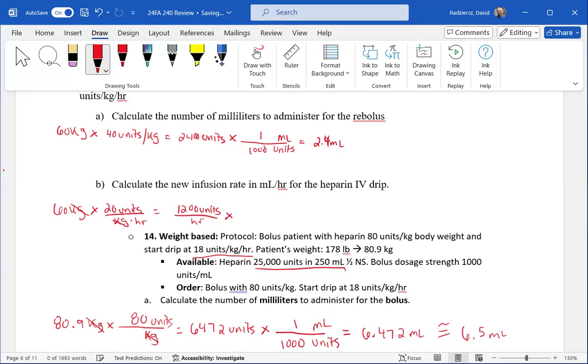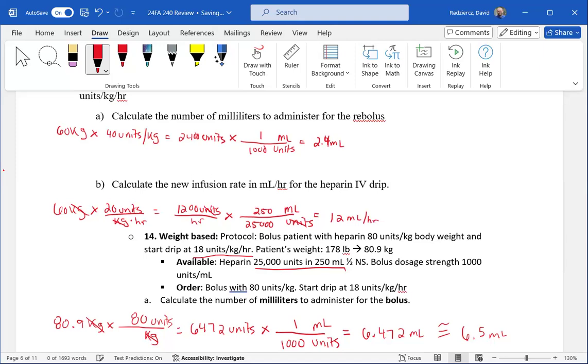And then I'm going to convert units per hour to milliliters per hour. I'm going to use my available, the 25,000 units and 250 ml, and I'm going to get 12 milliliters per hour.